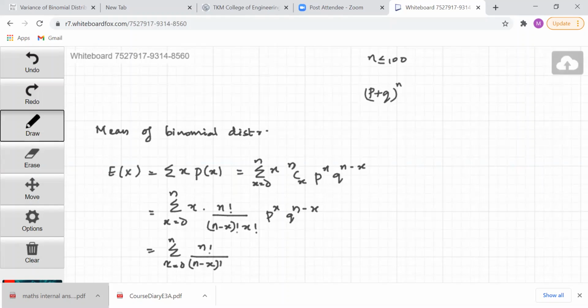So this is equal to summation x equal to 0 to n, n factorial divided by n minus x factorial into x minus 1 factorial, because x into x factorial can be represented as x into x minus 1 factorial, and x will cancel with the numerator x. Now this is equal to p raised to x q raised to n minus x.